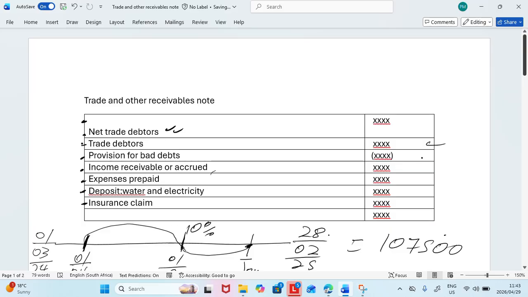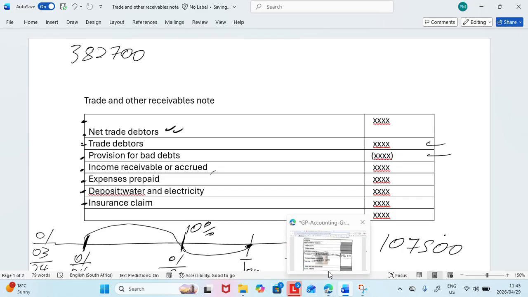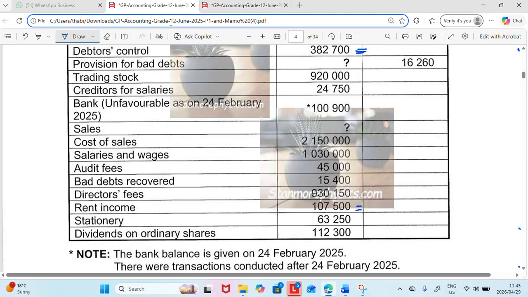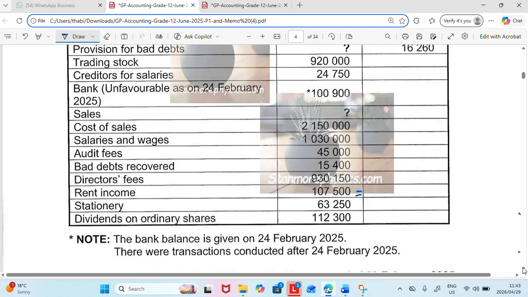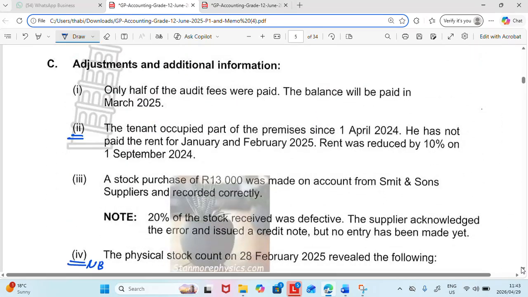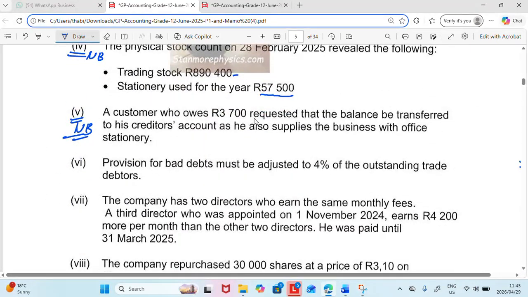We're supposed to minus provision for bad debts. Let's check provision for bad debts.